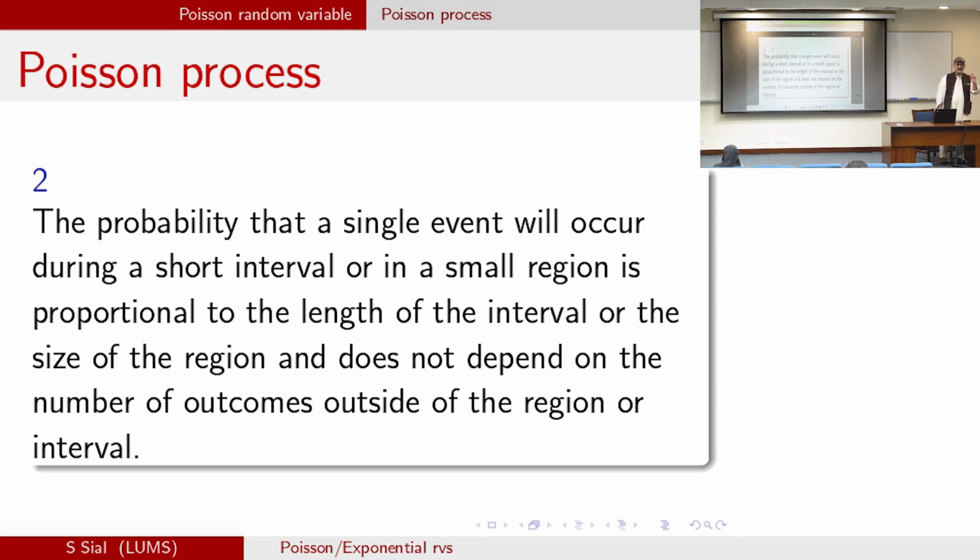And if I take a short enough interval, or a small enough region to look for a success in, then we're looking at the probability that a single event will occur. So we're looking at really, really small intervals. Within an extremely small interval, say a microsecond, maybe, I'm going to get one email or I'm going to get 0 most of the time.